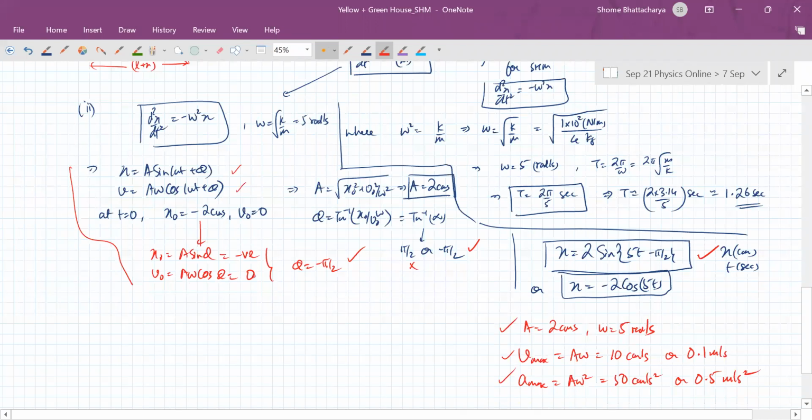It is a omega cos phi, and that is given to us as 0 in the question, because it starts from rest. So sine phi is negative and cos phi is 0. That's only possible when phi is either 3 pi by 2 or minus pi by 2, like that, odd multiple of pi by 2, that is, 2n plus 1 pi by 2 actually.